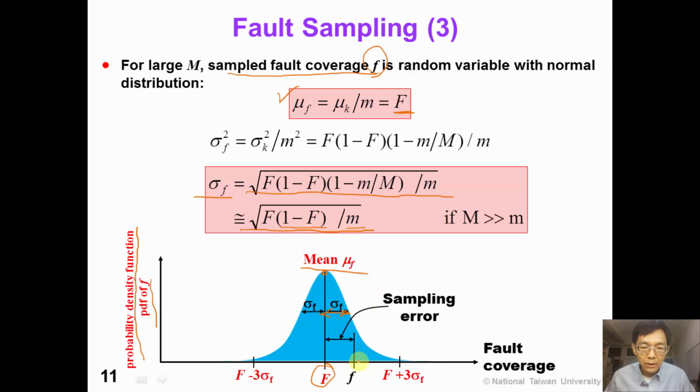Suppose that in our fault simulation we obtain a number here. Then the distance between the real fault coverage and our simulated fault coverage is called the sampling error.